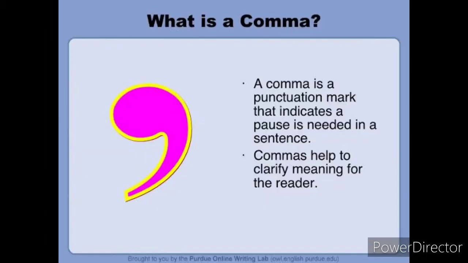What is a comma? A comma is a punctuation mark that indicates a pause is needed in a sentence. So where we need to give a pause, there we have to use commas. Commas also help to clarify meaning for the reader.